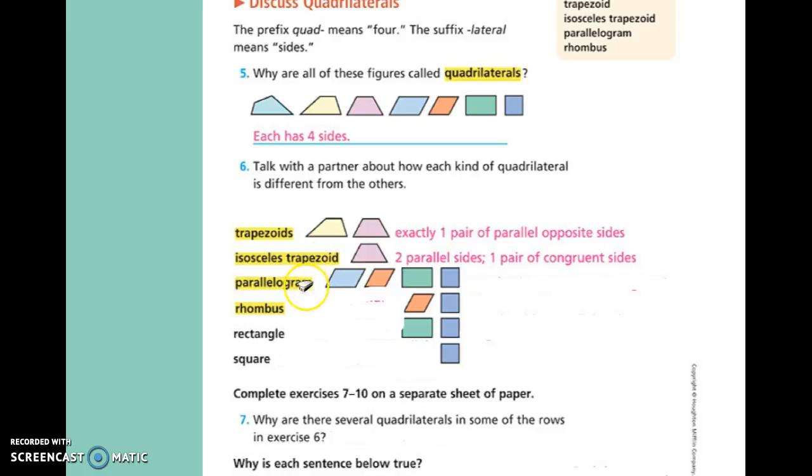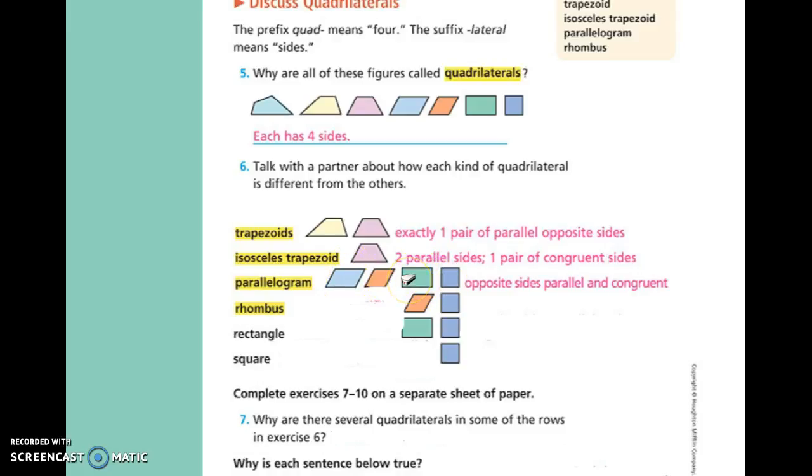Next, we're going to talk about parallelograms. Now, parallelograms have opposite sides parallel and congruent. So if you look at this, the opposite sides are parallel. They'll never hit in both ways. So this line and this line will never hit, and this line and this line will never hit on all of these shapes.